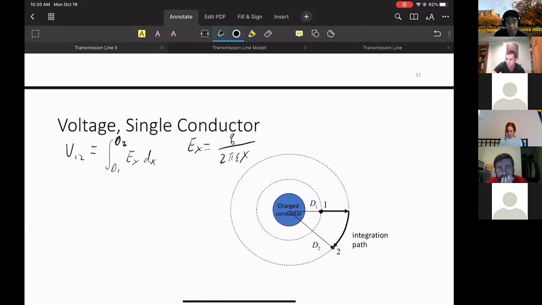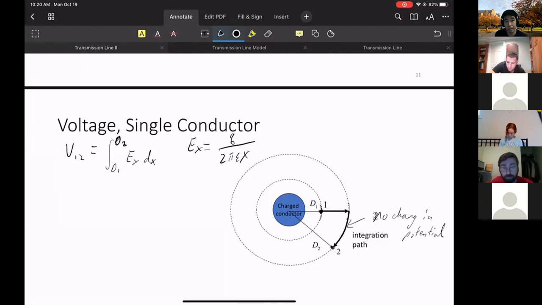Another way you can understand this integration path is that the only place you build up potential is going from one radius to another. Along the path at the same radius, there's no change in potential, because the field is pointing outward.